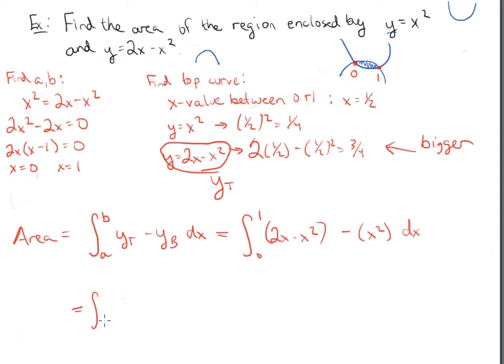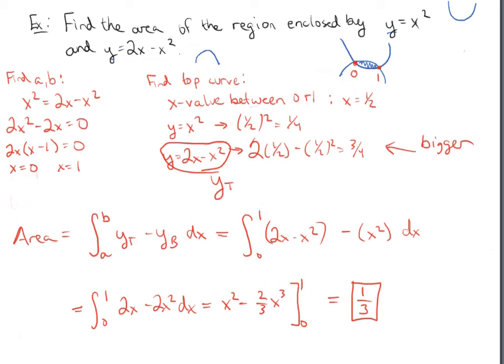Well, that's pretty easy. 0 to 1 of 2x minus 2x squared. The antiderivative there is x squared minus 2/3 x cubed. And I want to plug in 1 and 0 and subtract. And I think that just works out to 1/3. So the area enclosed by those two parabolas is 1/3 square unit.